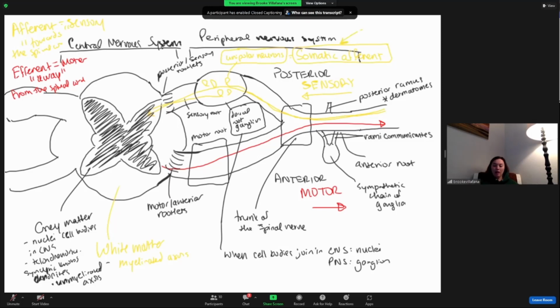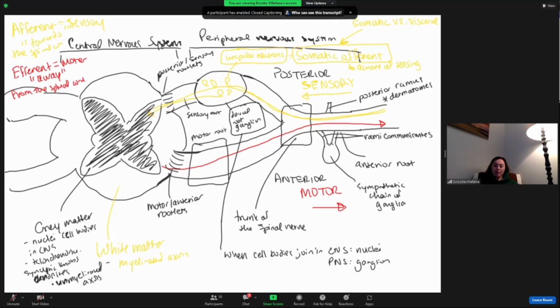Because remember, we had somatic versus visceral. Remember the word visceral. Visceral cell bodies, we will also tell you where those are found, but somatic afferent or somatic sensory cell bodies are the unipolar neurons. Again, this is what you are aware of sensing.